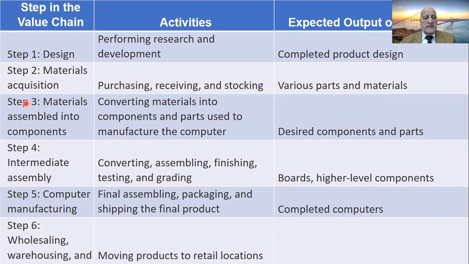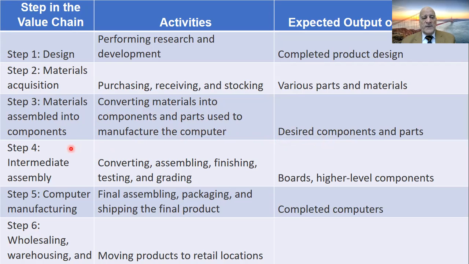Step number 3, which is materials assembled into components. The activities are converting materials into components and parts used to manufacture the computer. So the output is desired components and parts.